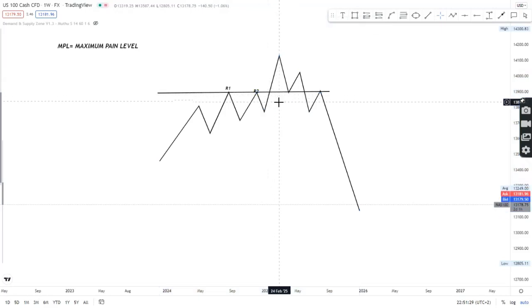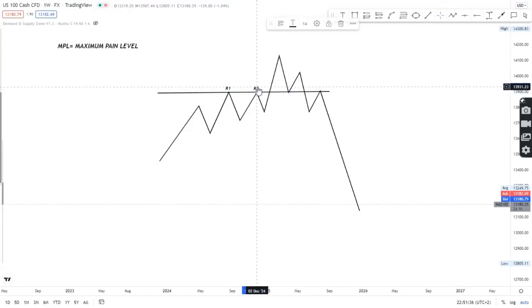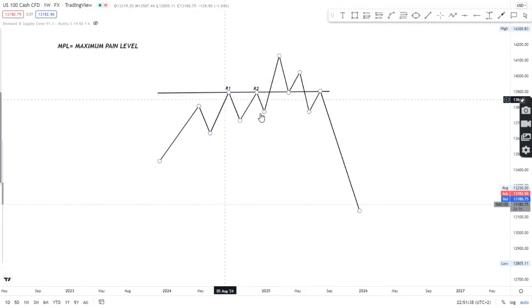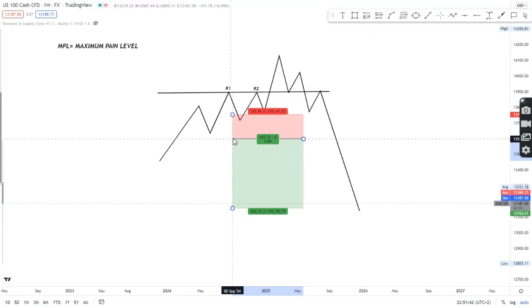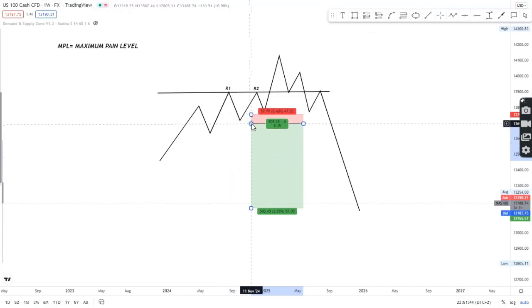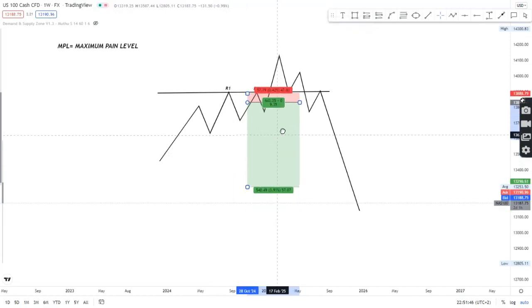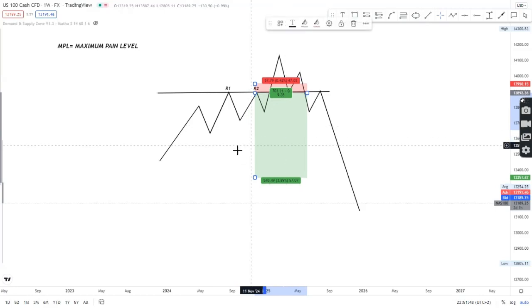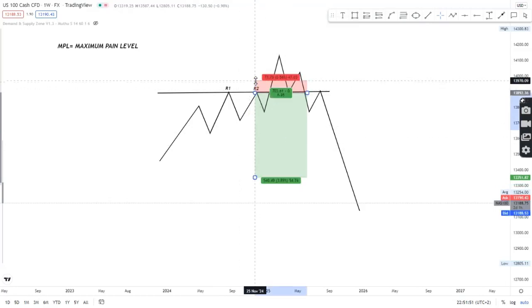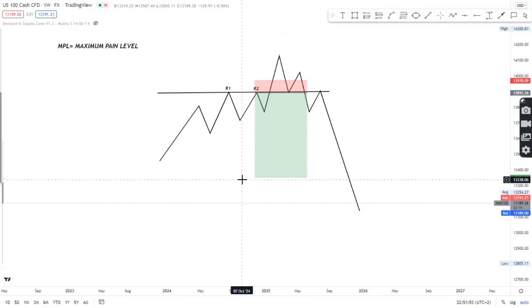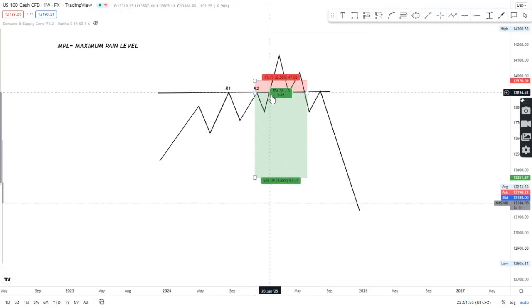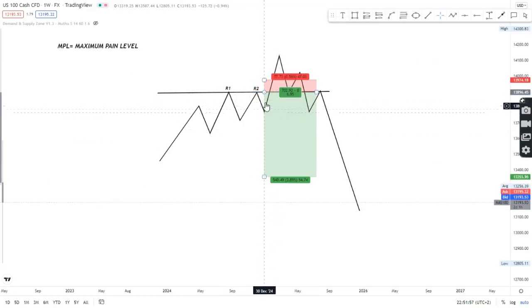What it means is that it just takes advantage of those retail traders who are trying to sell here. Remember, when trading support and resistance, you want to sell on your third touch. So you're waiting for price to come here and give you a confirmation, and your stop loss is going to be above there. Once price comes here for the third time, you're planning to sell here and your stop loss is going to be above there.